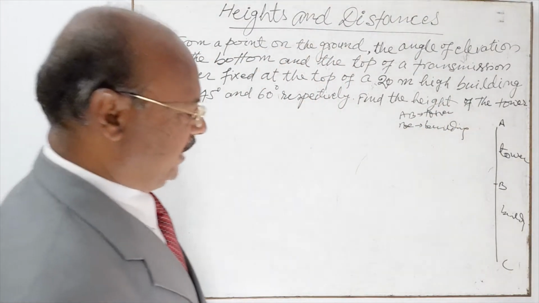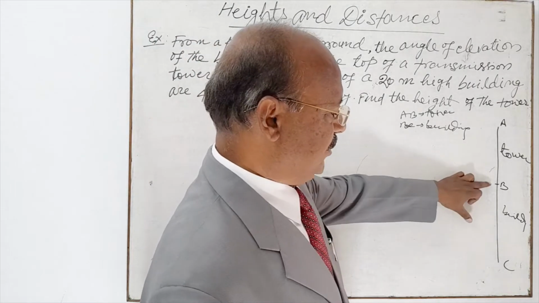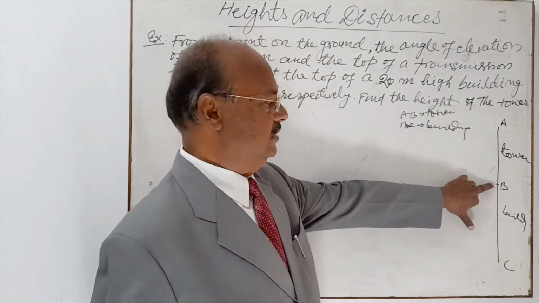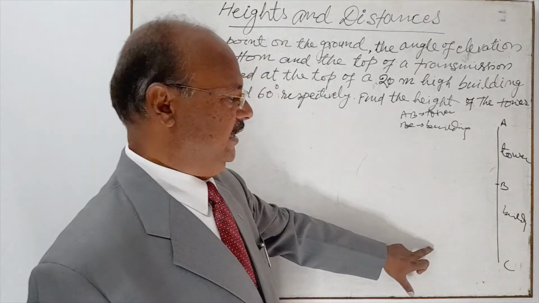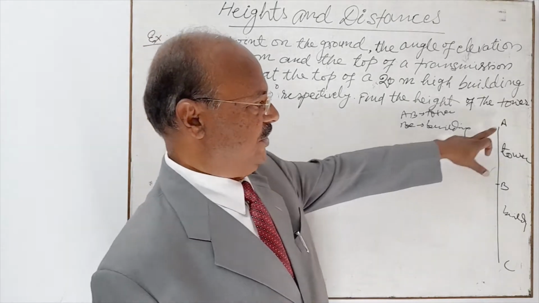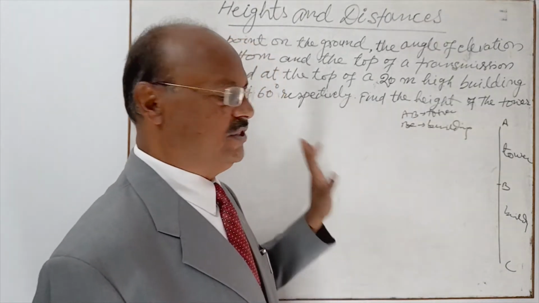And from a point on the ground, the angle of elevation of point B, meaning the bottom of the tower, is 45 degrees, and the angle of elevation of point A, I mean the top of the tower, is 60 degrees.